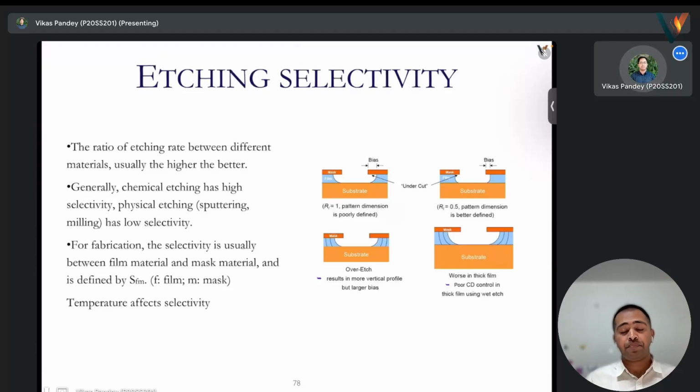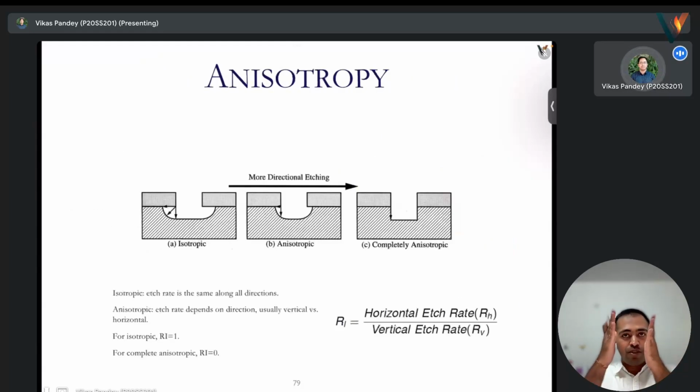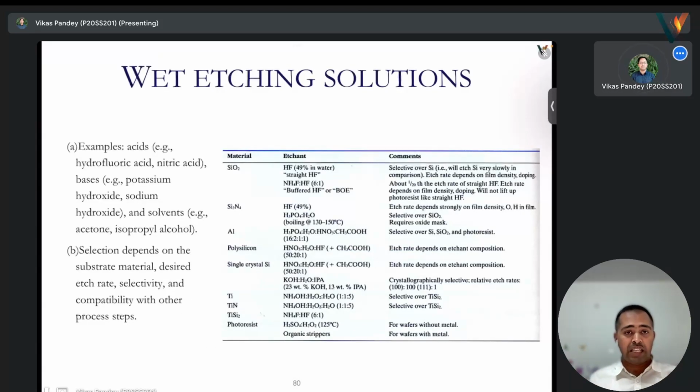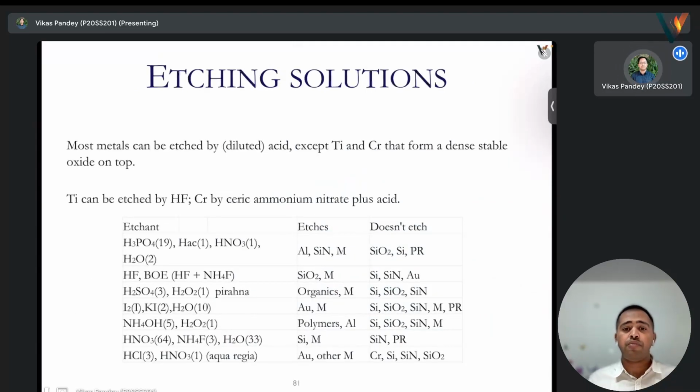It should not be removing everything. Okay. Besides selectivity, there is anisotropy: it should etch in one direction, not in multiple directions. This is also an important aspect. These things are taken care of when we are selecting what kind of material to use. So there are different kinds of wet etchants.